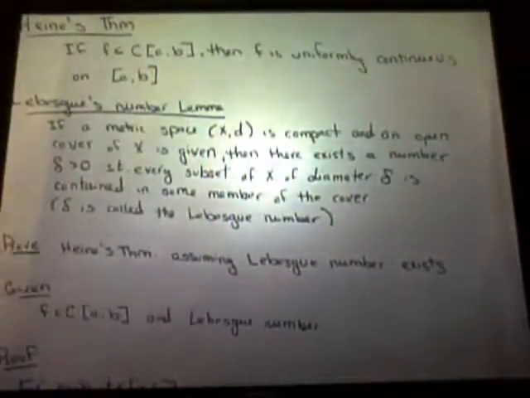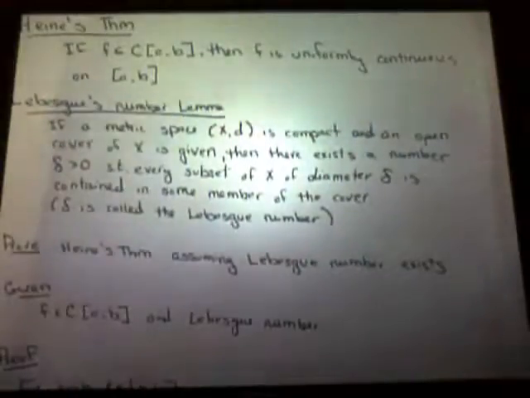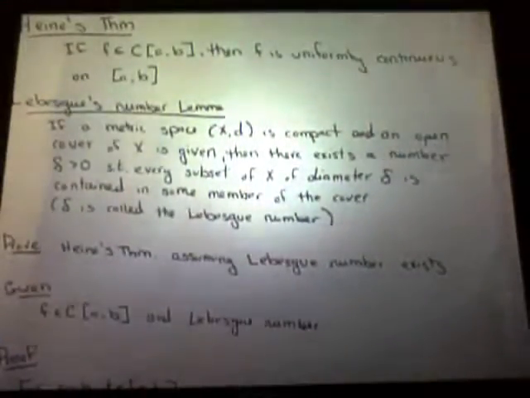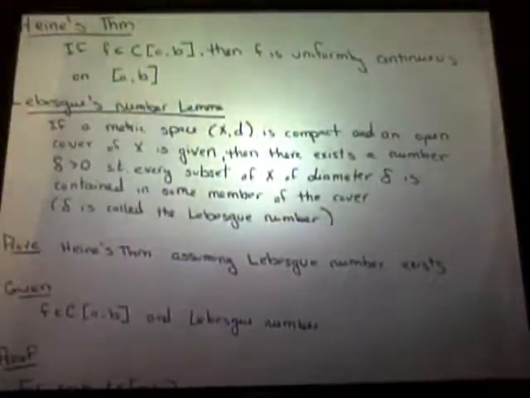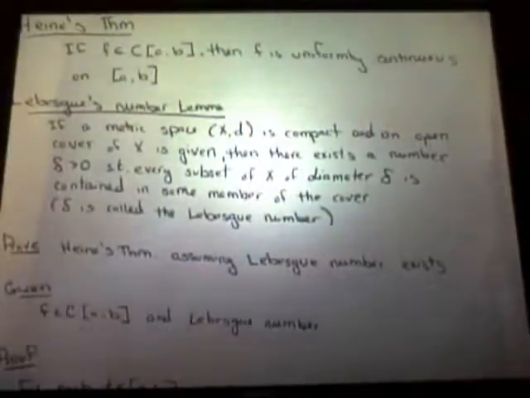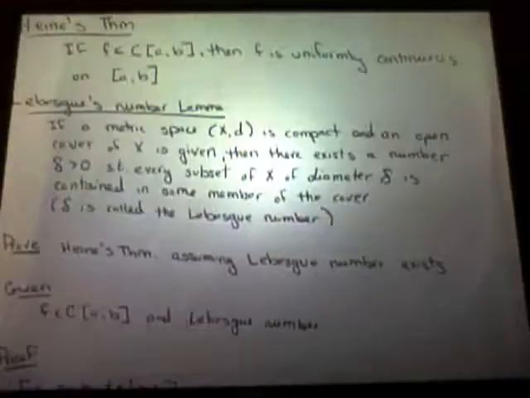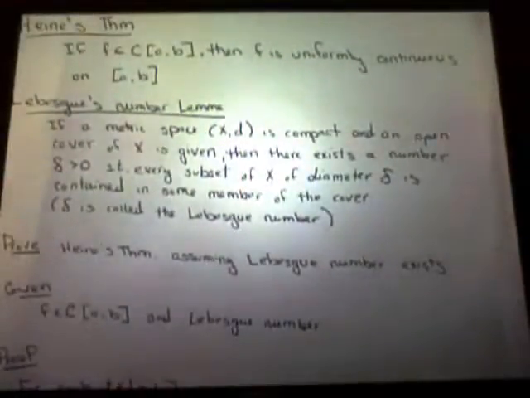You would phrase it like this: given a preassigned epsilon greater than 0, there exists a delta, which in general depends on epsilon, but not on any point. That's the idea of it. It just depends on epsilon. Then if the absolute difference of x and y is less than delta of epsilon, that implies that the absolute difference of f evaluated at x and y is less than epsilon. So that's uniform.